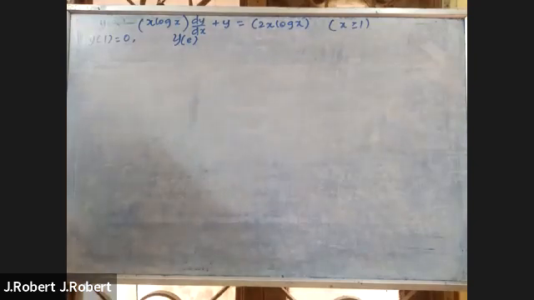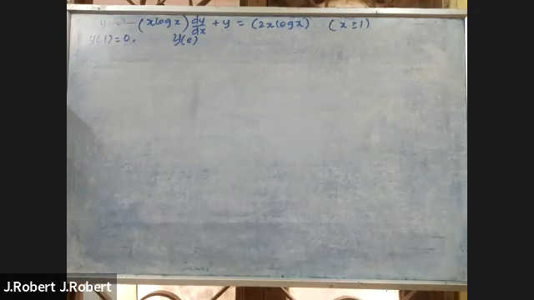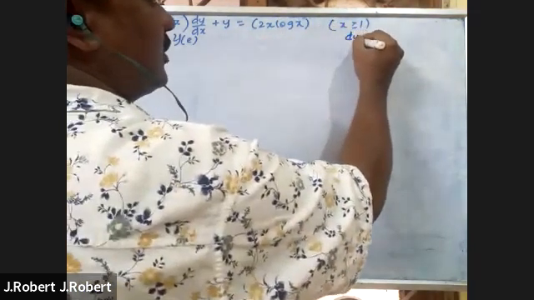So let y of x be the solution of the differential equation x log x dy by dx plus y is equal to 2x log x. Then y of e is equal to, now listen here. This is of the form dy by dx plus Py equals Q, a linear differential equation.